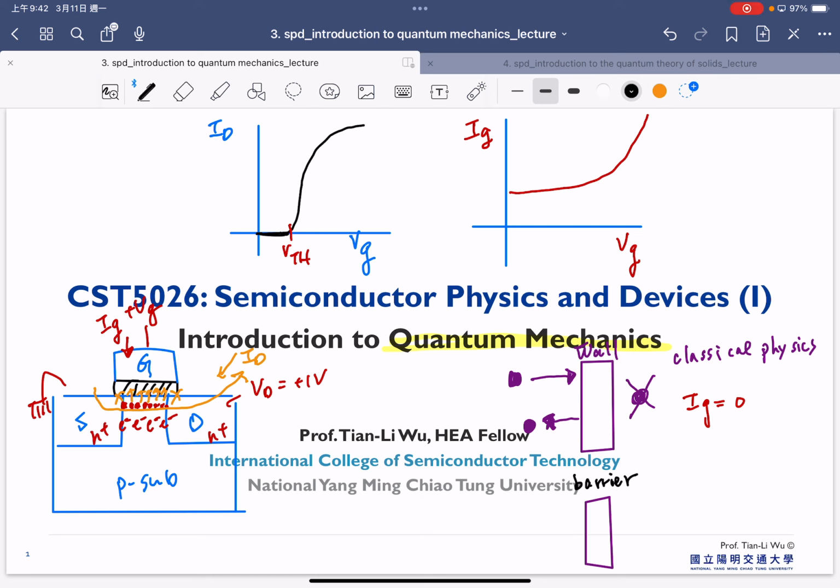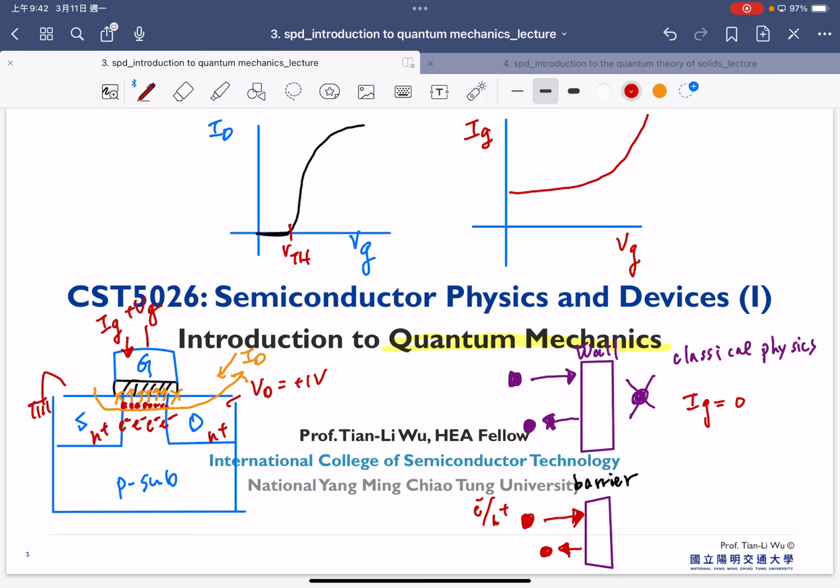But right now, you are not throwing a ball, you are trying to throw a carrier, which can be an electron or hole, trying to go through this barrier. The first scenario you will still observe is that there is a certain reflection of the carrier.